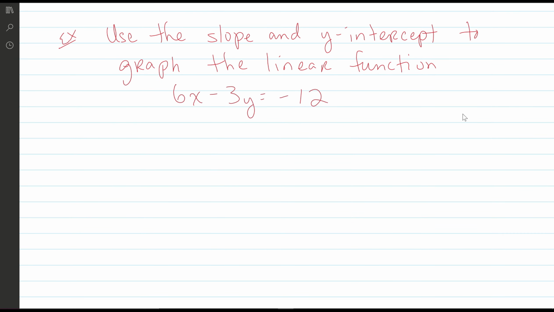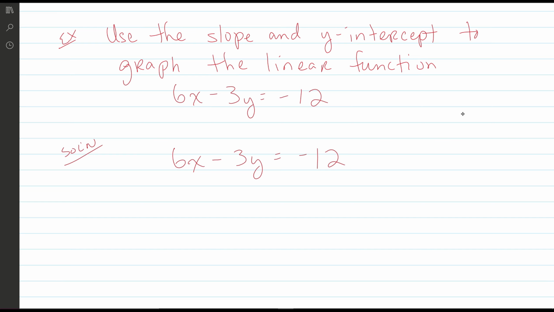Okay, our next example will ask, use the slope and y-intercept to graph the linear function 6x minus 3y equals -12. So it looks to me that this 6x minus 3y equals -12 looks to be in standard form, right?